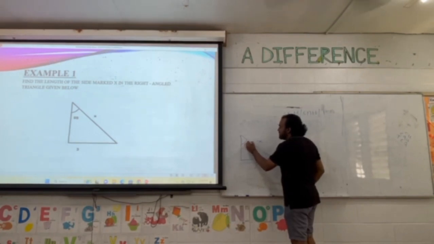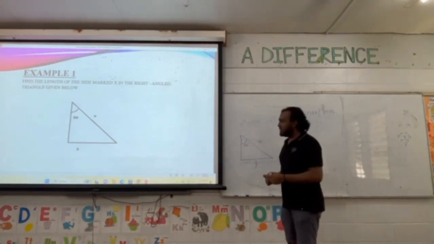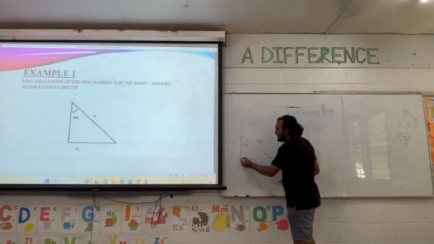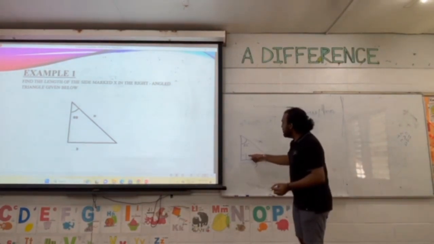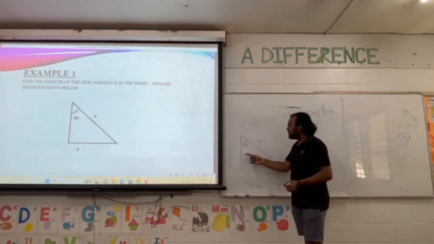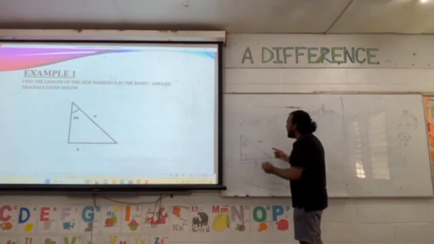And we all know that the right angle triangle has a 90 degrees angle. We have learned that opposite of the 90 degrees angle is our hypotenuse.